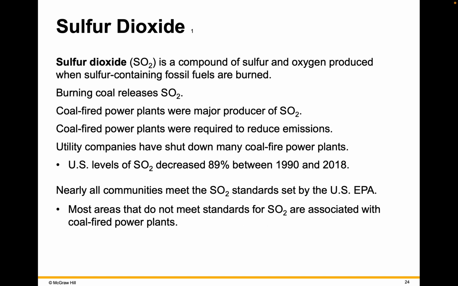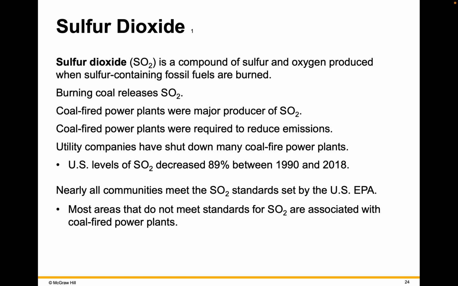Sulfur dioxide is a compound of sulfur and oxygen produced when sulfur-containing fossil fuels are burned. Burning coal releases sulfur dioxide, so coal-fired power plants were a major producer of this pollutant, and they were required to reduce emissions by the EPA.